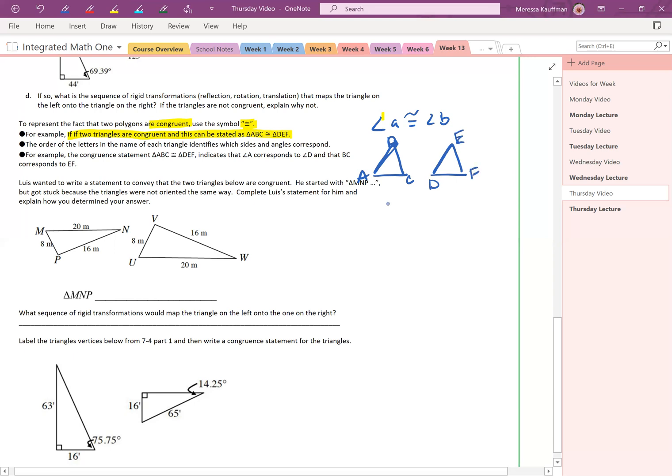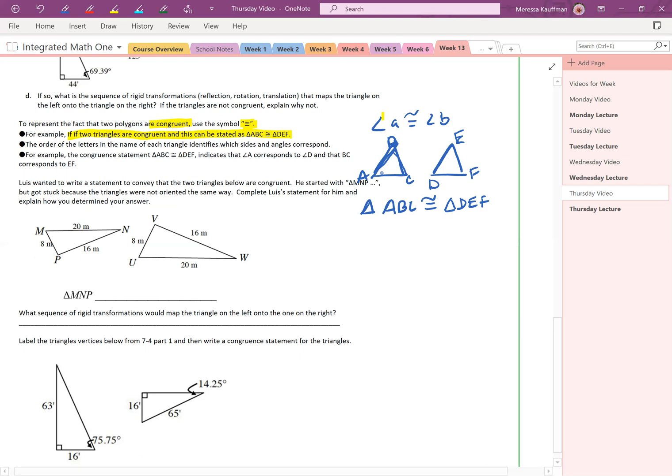We draw it out this way: triangle ABC is congruent to triangle DEF. So by using that congruent symbol, it tells me that the angle measures are the same and the side lengths are the same.